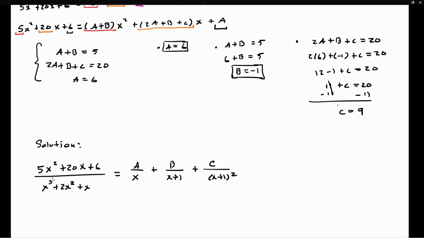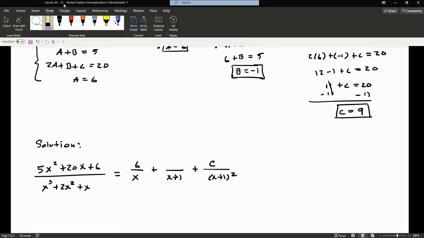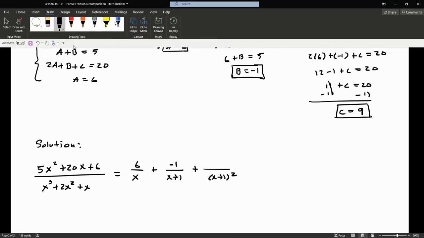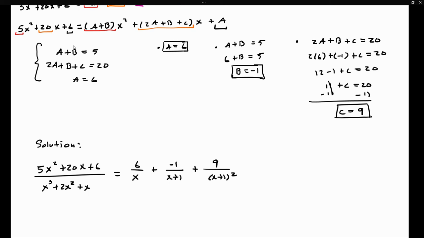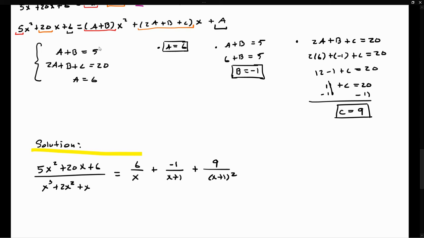But we already know what a, b, and c are, so all we have to do is plug them in. So a, let's substitute it with 6. b, let's substitute it with -1. And c, let's substitute it with 9. And we're done. This will be the partial fraction decomposition of the problem that was given to us originally.